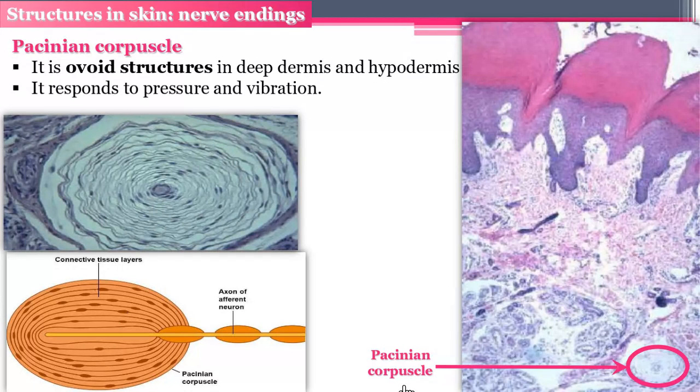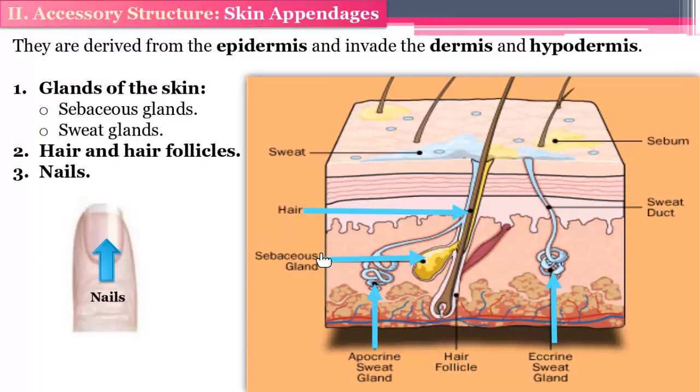Let us go to the next: the accessory structures or skin appendages. If anybody asks you the skin appendages, there are three: the glands, the hair follicle, and the nails. They are basically derived from the epidermis and invade the dermis and hypodermis.